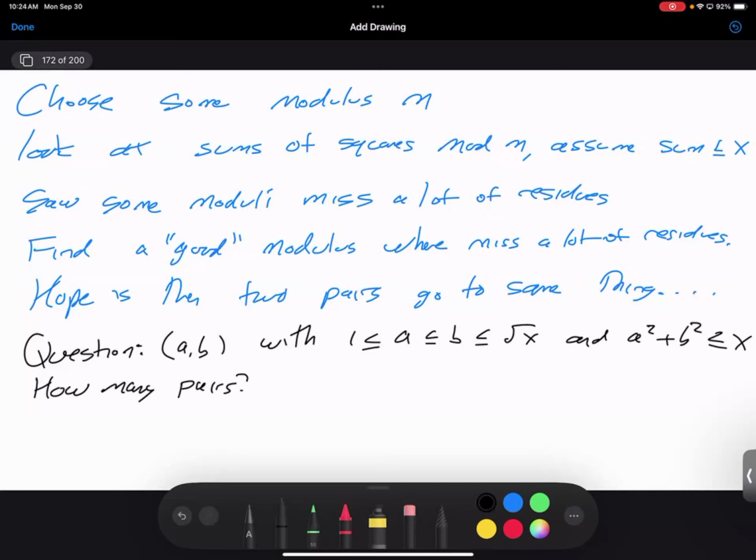Can anybody give me an upper bound? It's okay if the upper bound's not great. So I want to look at how many pairs A and B with A squared plus B squared less than or equal to X.